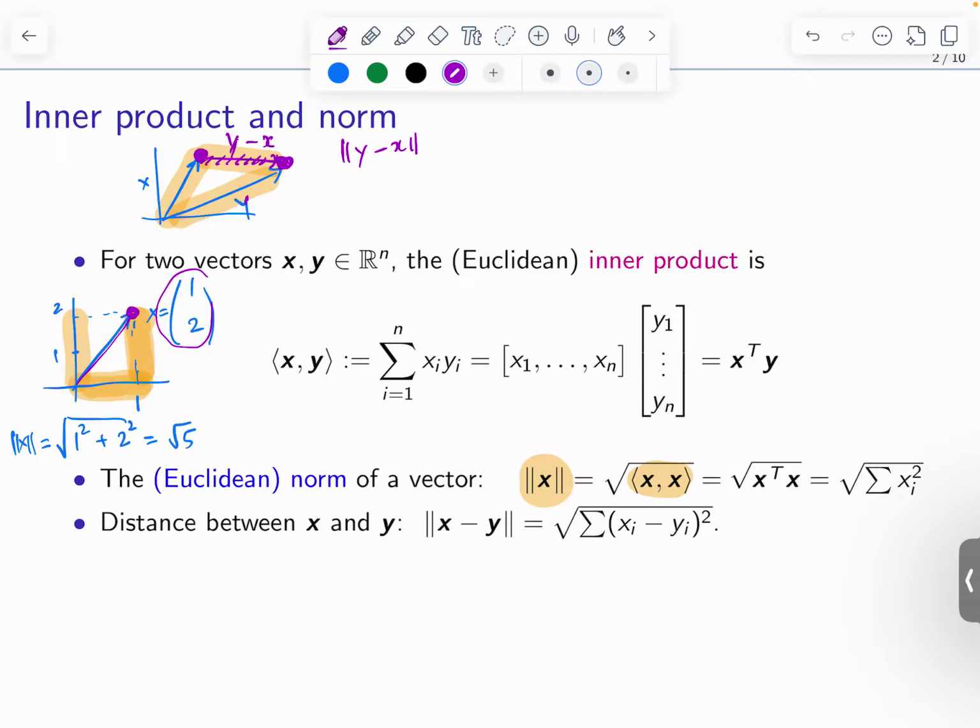It's natural: the length of that vector is the distance. So you can define the distance of two vectors as the norm of the difference. The distance between point x and point y in Rn would be the norm of the difference, which, written in coordinates, is the square root of the summation of (xi minus yi) squared. Okay?